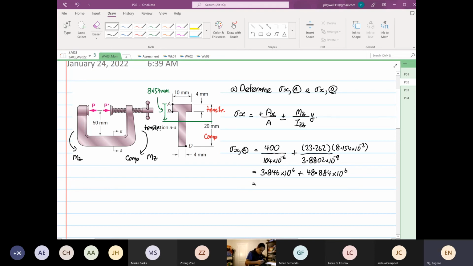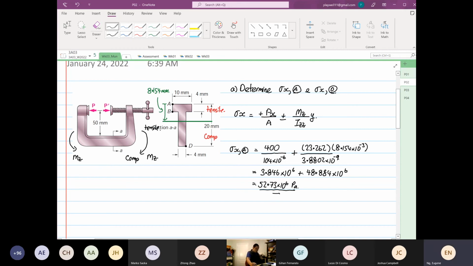So this is 3.846 plus 48.884, which is 52.73 times 10 to the power 6 Pascal. That is our stress at point A.